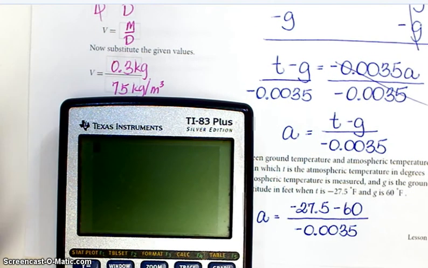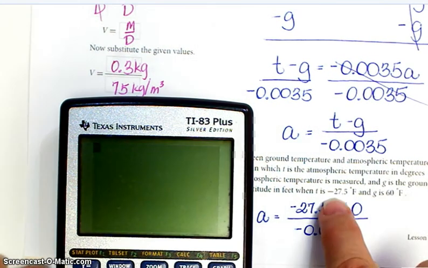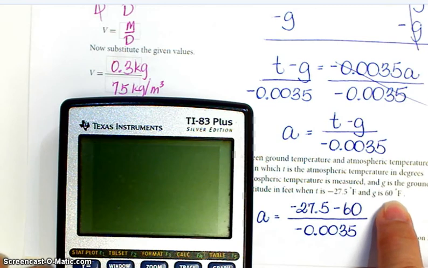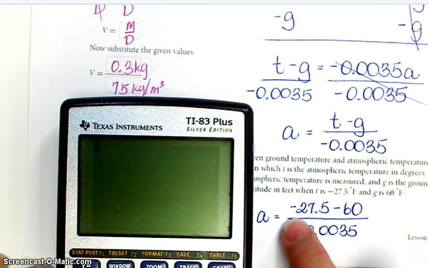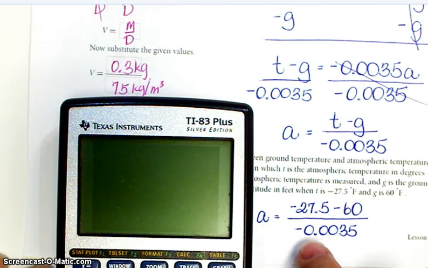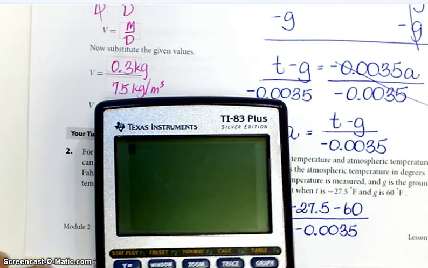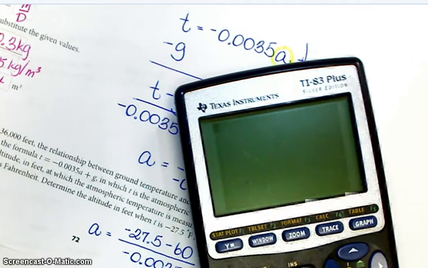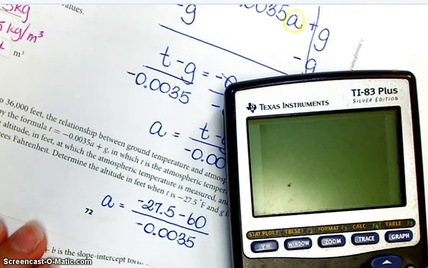We're solving for altitude given the things that we were given in the question. Altitude is equal to t minus g over negative 0.0035. So here's what you're going to do with your calculator.